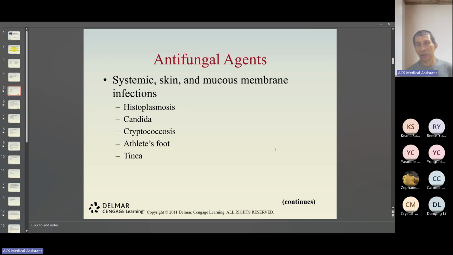Candida is a very common fungal infection. Cryptococcosis is a fungal infection. Athlete's foot is a fungal infection. Tinea is a type of fungal infection, but we have different classifications. The different names of fungal infections depend on what part of the body is being affected.